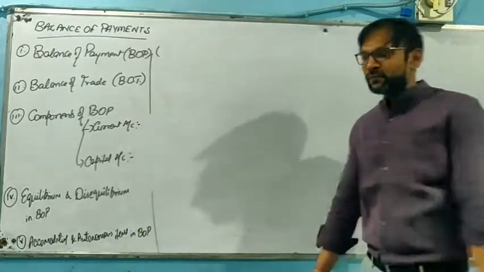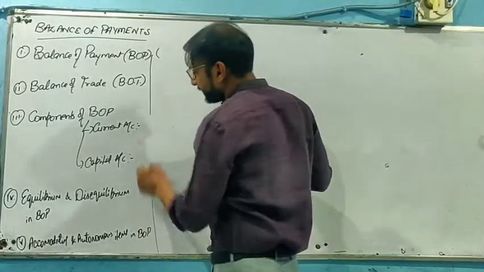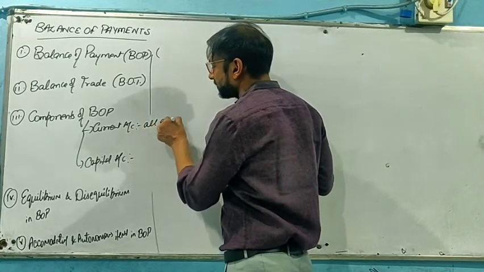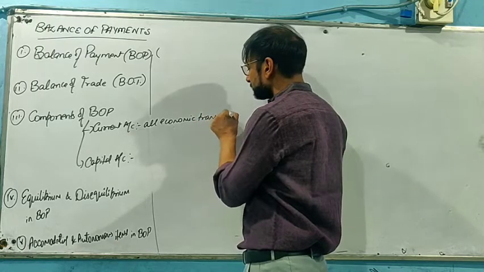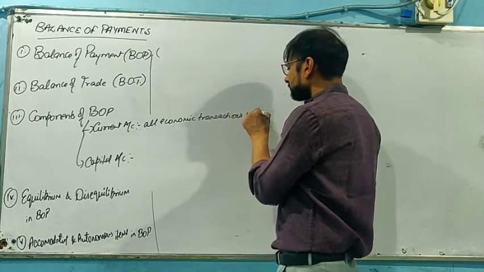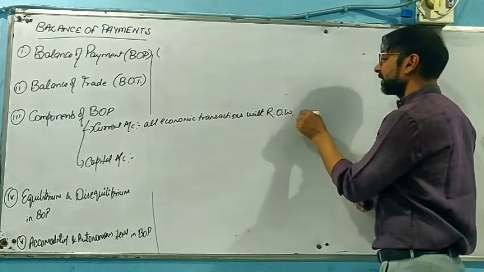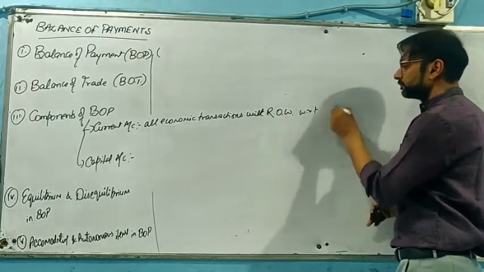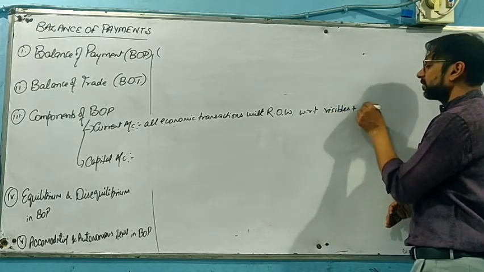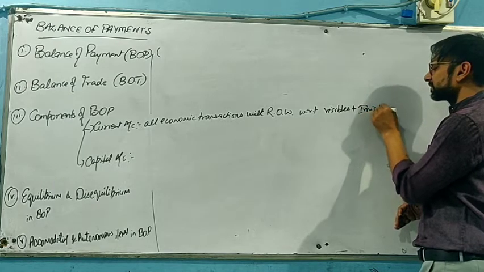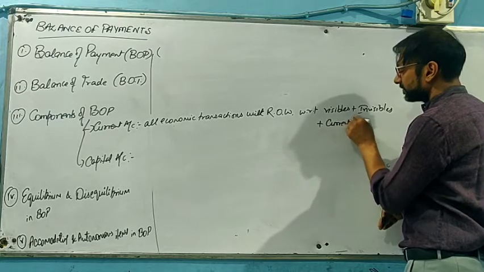The first component, current account, undertakes all economic transactions with the rest of the world with respect to visible items, plus invisibles, plus current transfers.